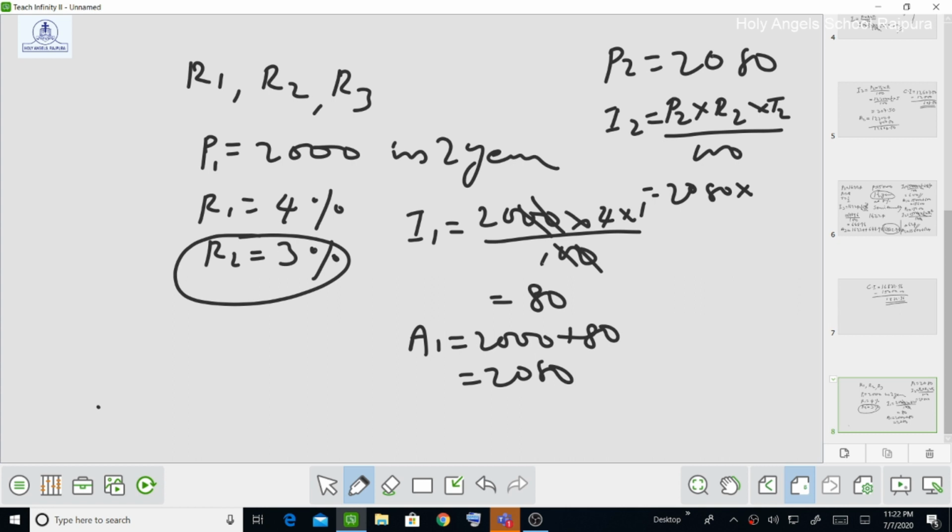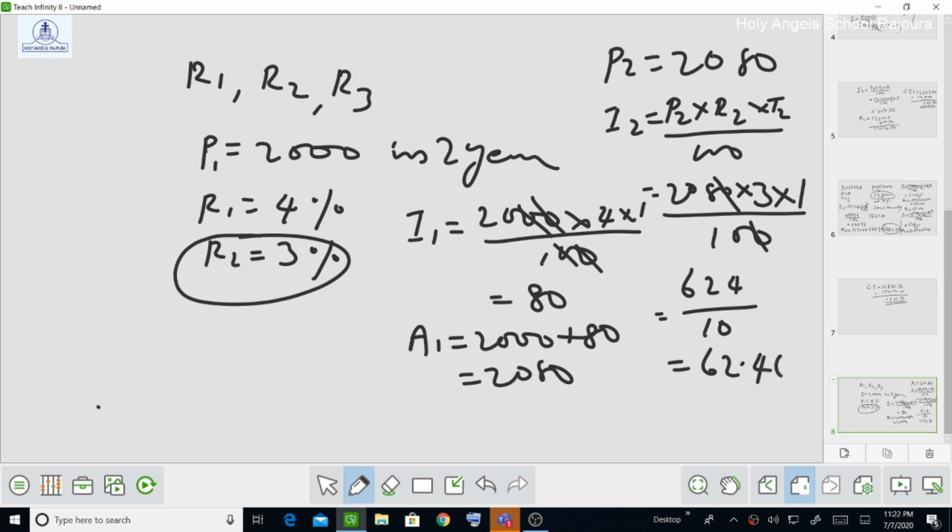R2 is 3, into second year, that is 1, upon 100. 0, 0 cancel. 208 into 3, that is 624 by 10, which is 62.4. As I told you before, we cannot leave the answer like this, 0.4 has to be 40.